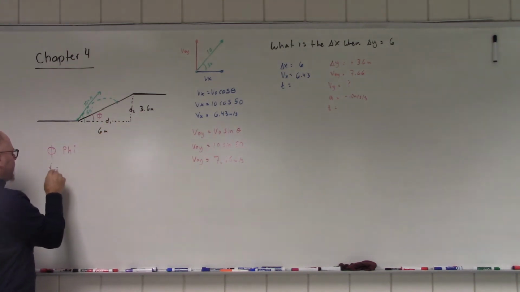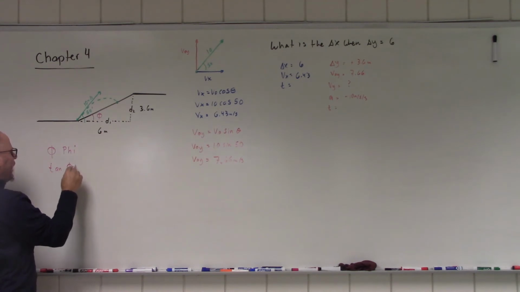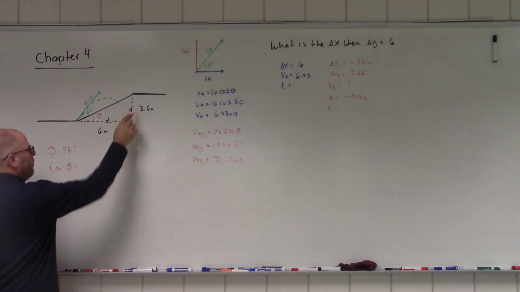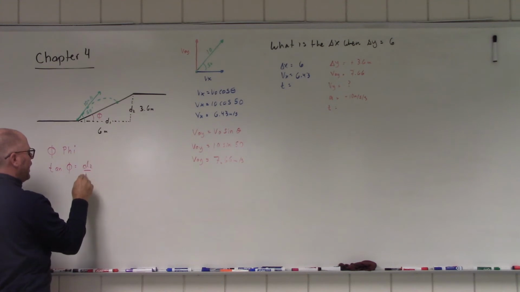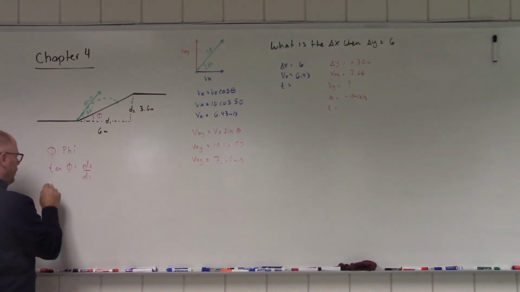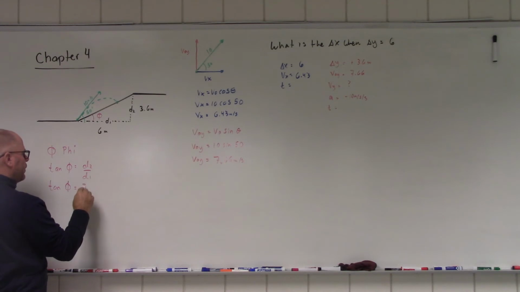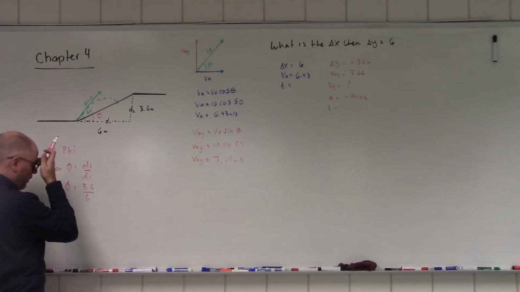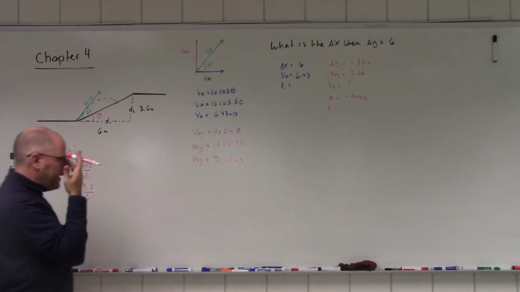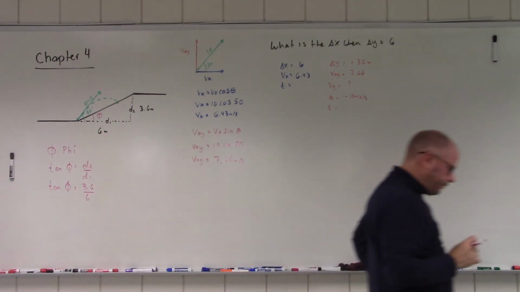What I notice is the tangent of my angle phi is basically d2 divided by d1. So the tangent of my angle phi is 3.6 divided by 6.0, okay? So that's an idea. I want to keep that in mind.